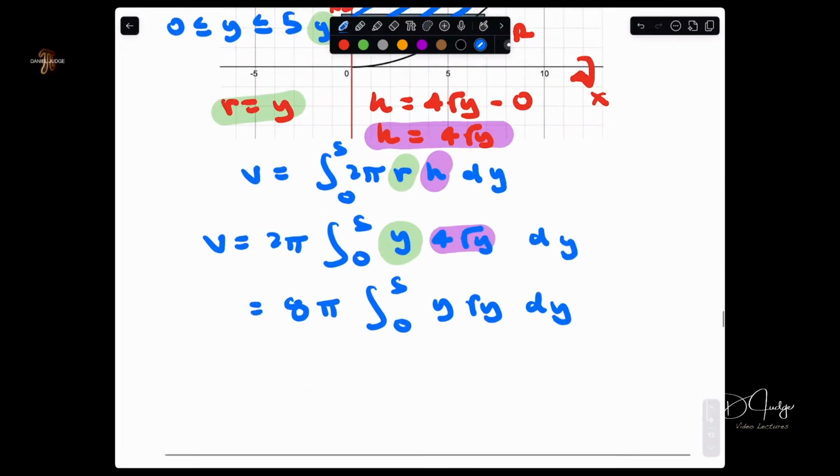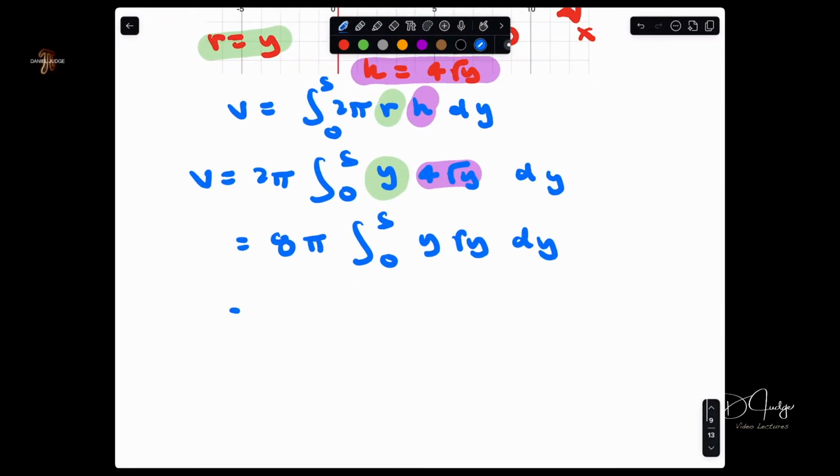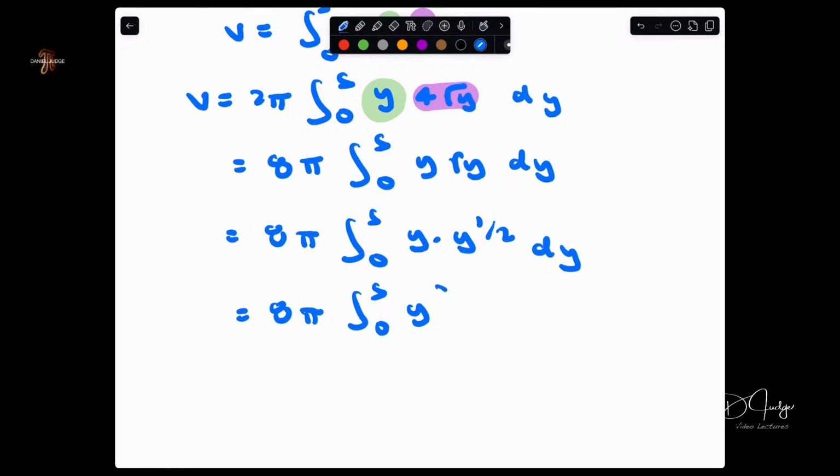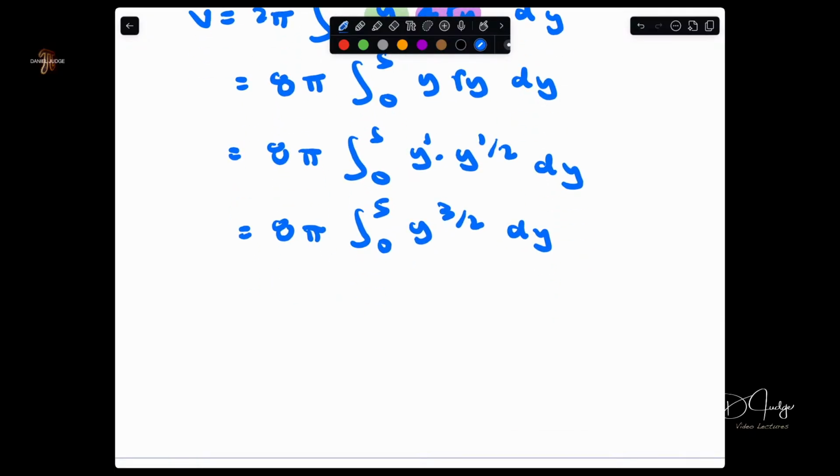All right. So algebraically speaking now, 8 pi, you get y to the 1/2 dy. All right, this is what we have to integrate.